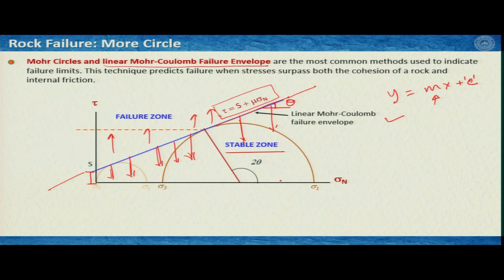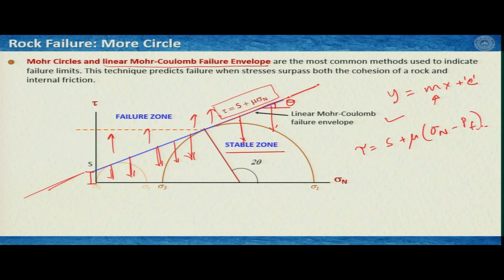Now, you can clearly understand, if I apply pore fluid pressure, then this line would change, and it may shift, it may rotate and so on, but you can try by yourself how it can happen if I apply pore fluid pressure, considering the fact that tau equal to S plus mu times (sigma n minus pore fluid pressure).